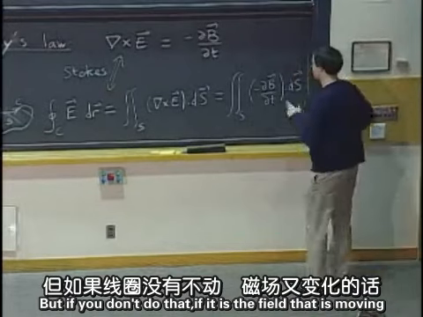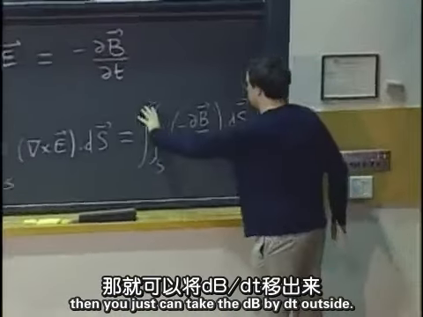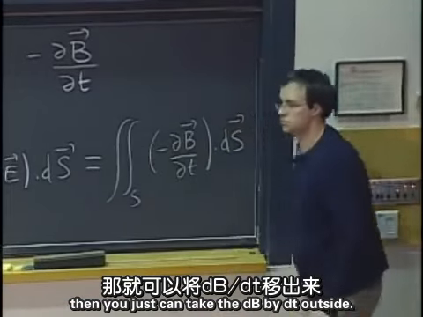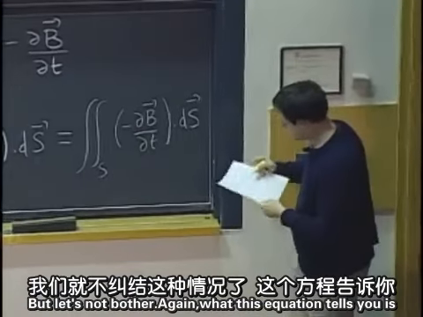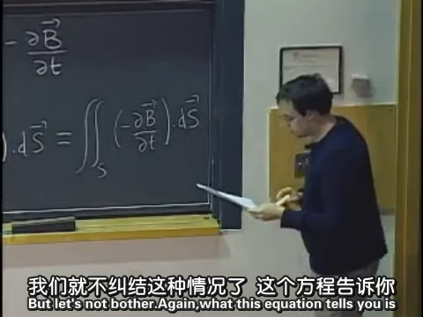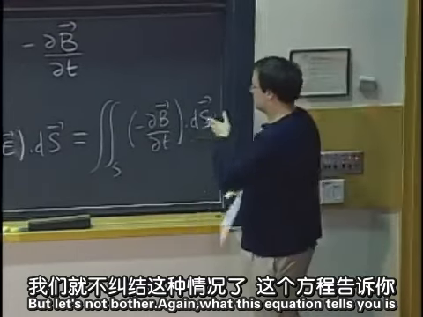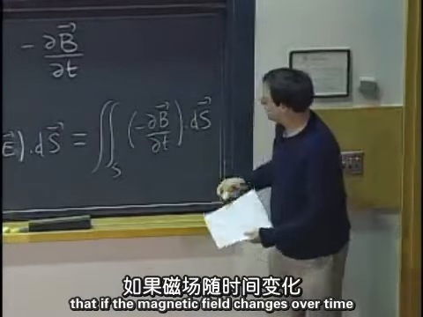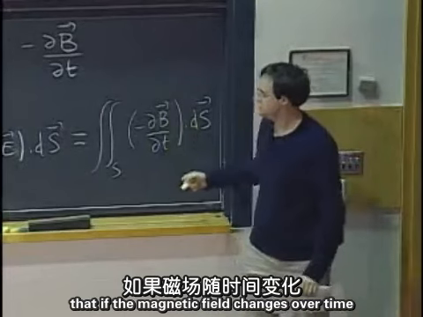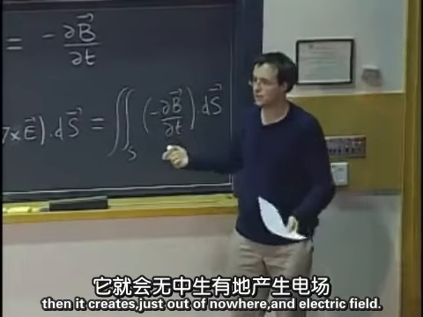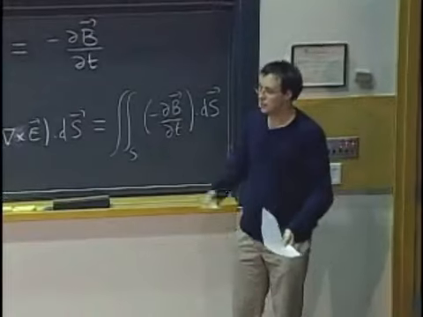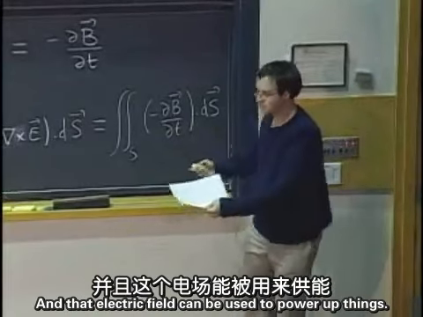But if it's the field that's moving, then you can just take the d/dt outside. But let's not bother. Okay, so again, what this equation tells you is that if the magnetic field changes over time, then it creates, just out of nowhere, an electric field. And that electric field can be used to power things.